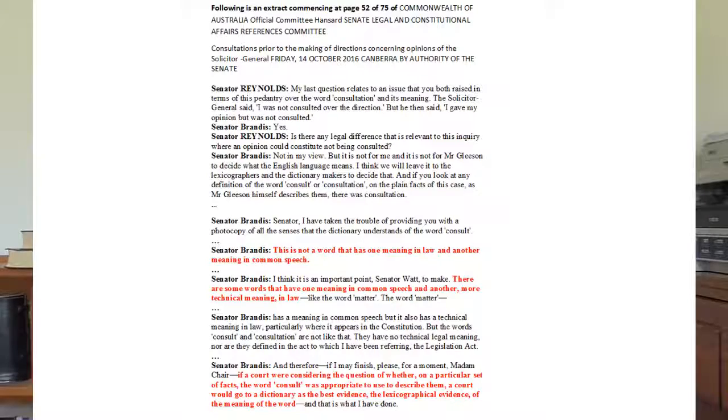What I've got here for you is an extract. I'll read what's at the top. Following is an extract commencing at page 52 of 75 of Commonwealth of Australia Official Committee Hansard, Senate Legal and Constitutional Affairs References Committee.